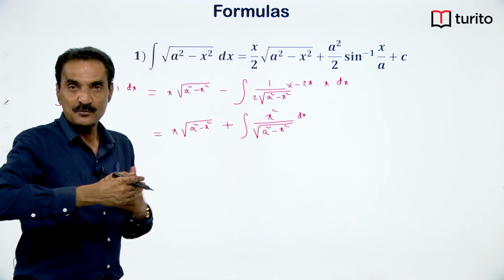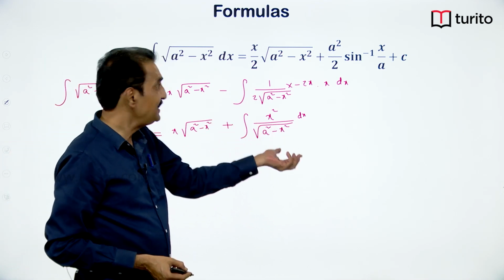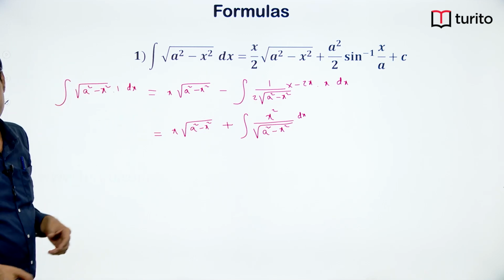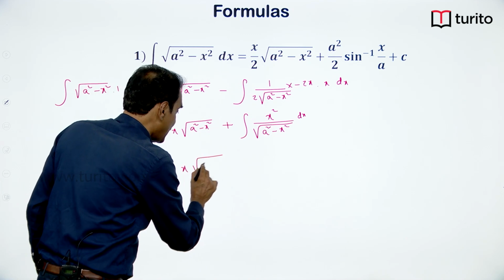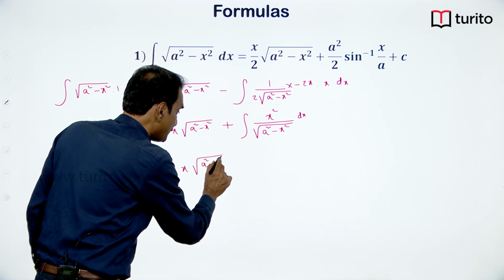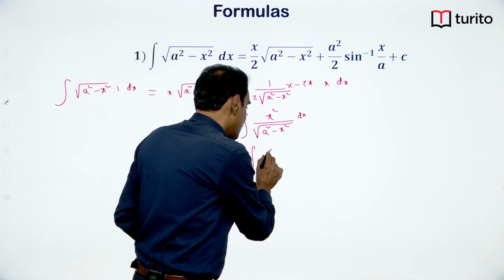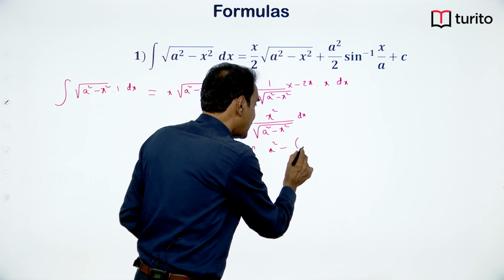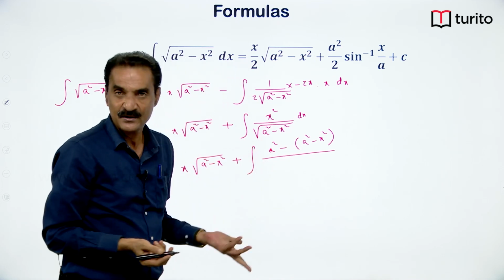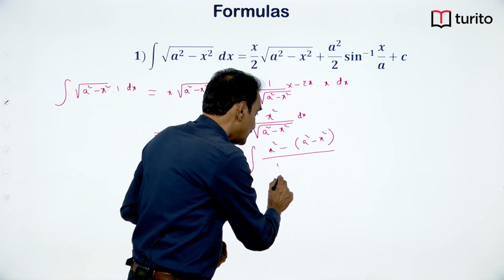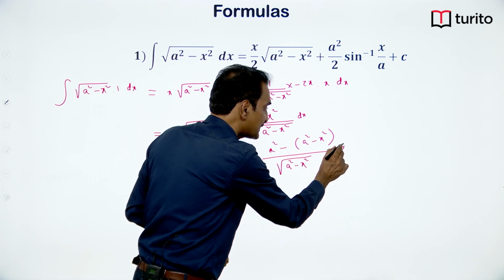So at some stage we have to cut the procedure. What we do is we write this in terms of LHS. How to write? x root a square minus x square plus, we can write x square as a square minus of a square minus x square. See, it is x square only now, by root over a square minus x square dx.